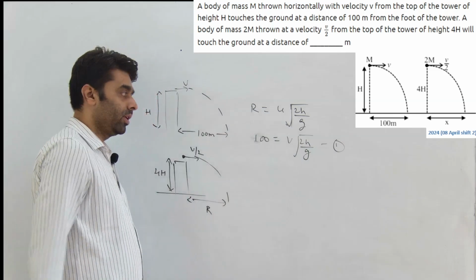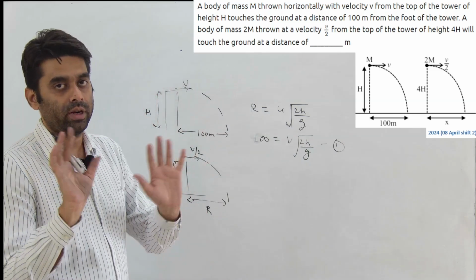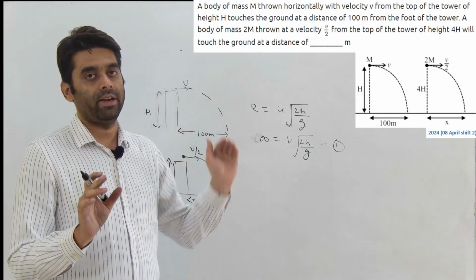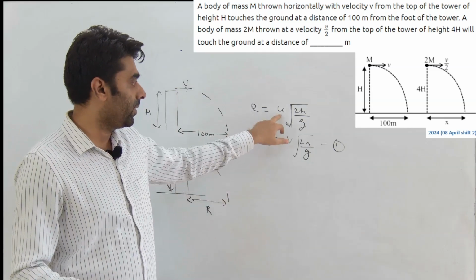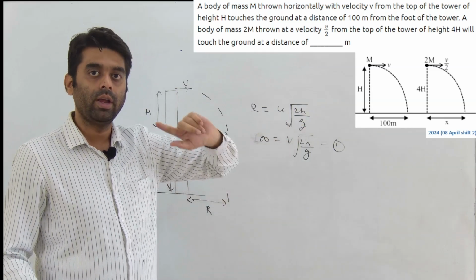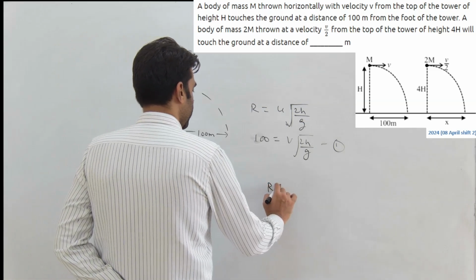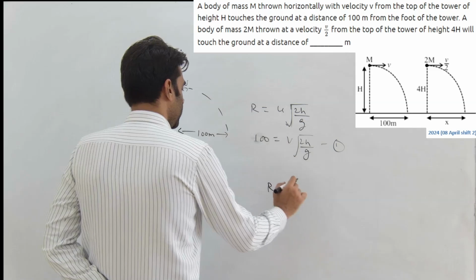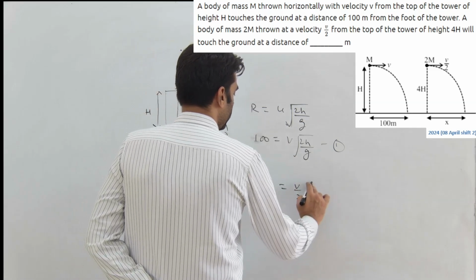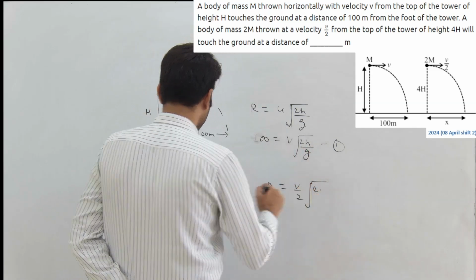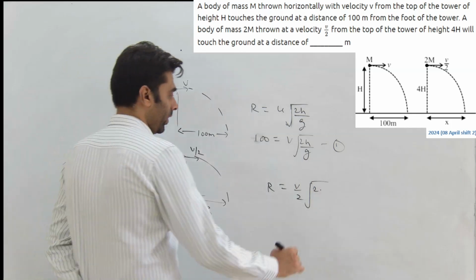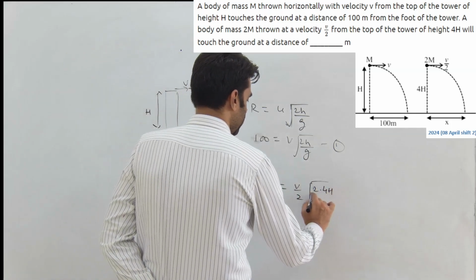Let's substitute. Range does not depend on mass. The masses are given different, but range does not depend on mass. It depends on the initial horizontal velocity and the height. So in this case, I can write r is equal to v by 2 into root over 2 into 4h by g. The height is given to us as 4h.